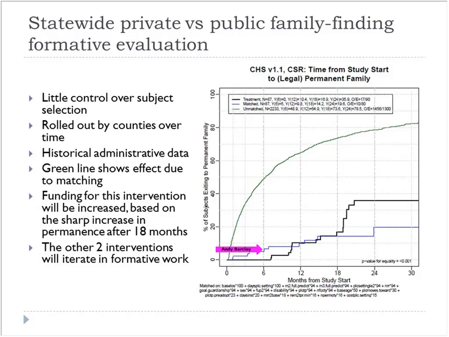Now, this made sense, actually, in this intervention because there was about a 6-month startup time that they went through where they were transitioning the case, getting up to speed, finding relatives. They needed some time to do these things. That's what this 6-month period is.